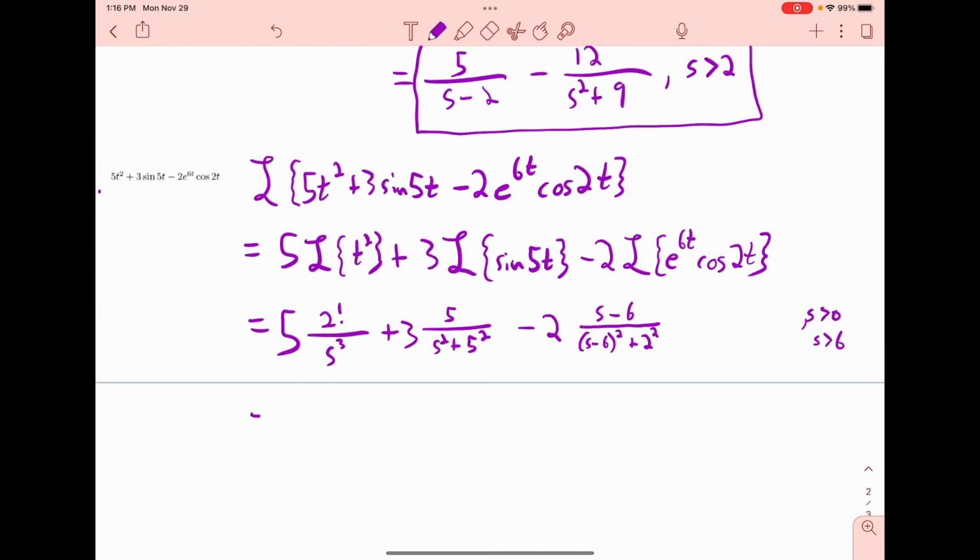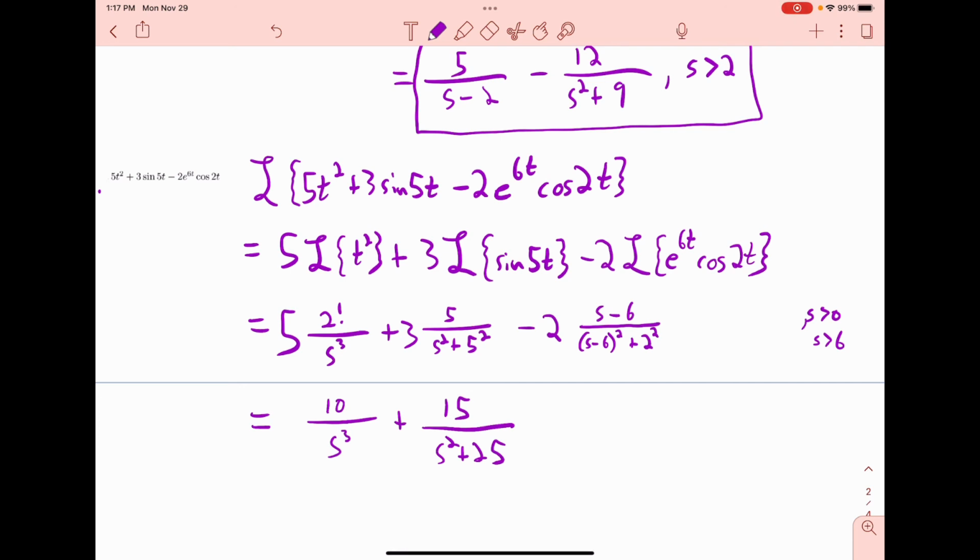I'm just going to do one more step in which we tidy things up a little bit. So 5 times 2 factorial, 2 factorial is 2, times 5 is 10. So this is 10 over s cubed. We have plus, multiplying the 3 times the 5 on the top, 15 over s squared plus 25.